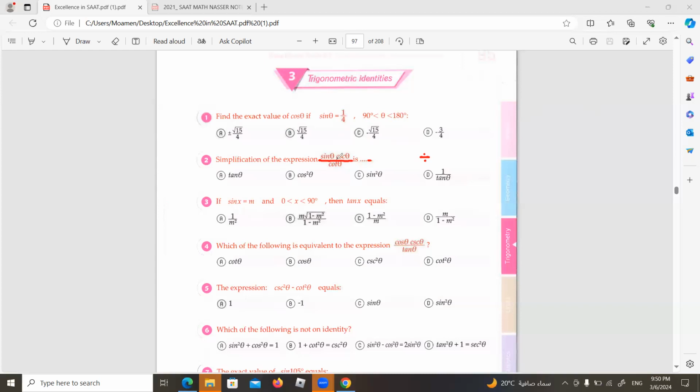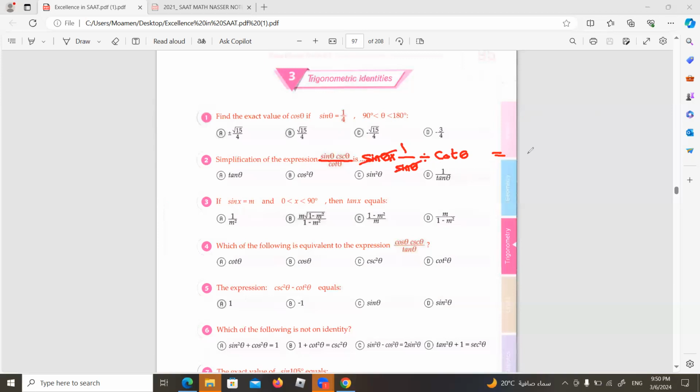First I have sine, so I just write sine theta as it is. Cosec is multiplied by cosec, it means 1 over sine theta, divided by cotan theta. You can cancel this by this.